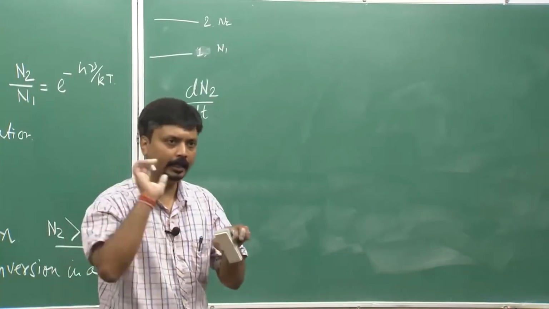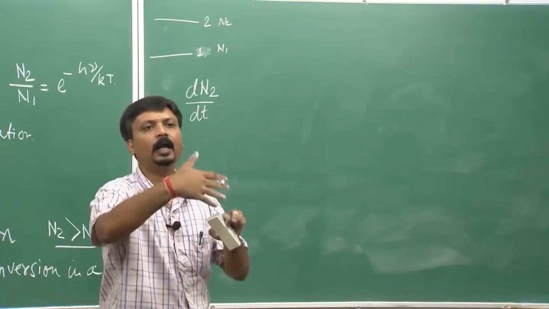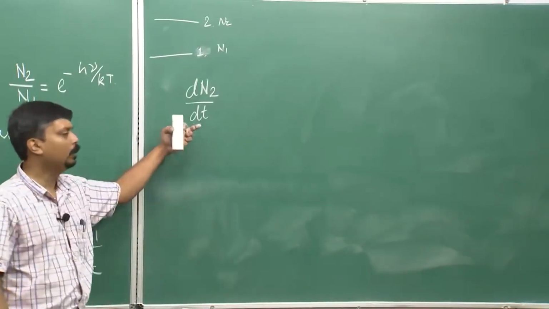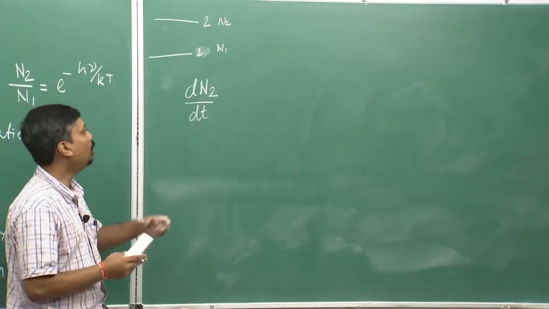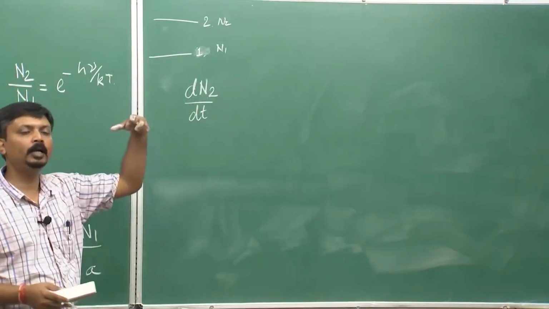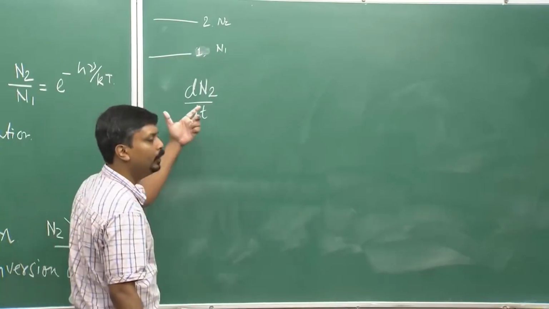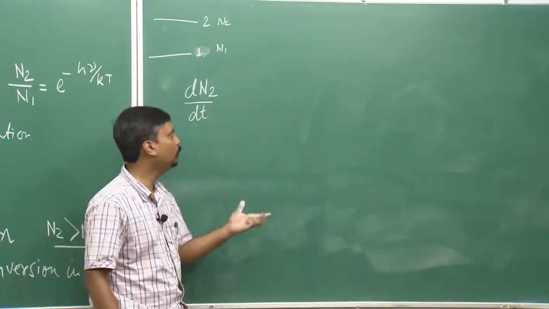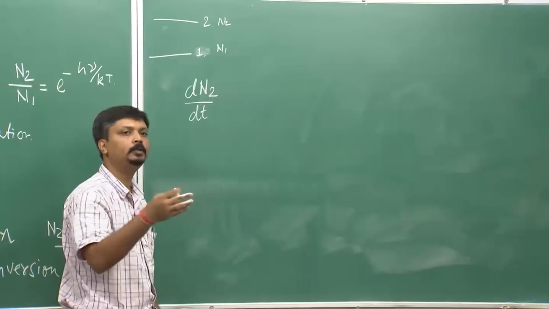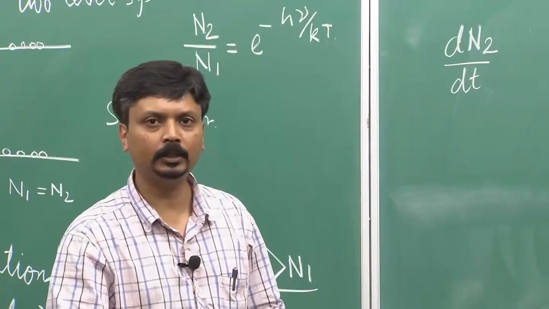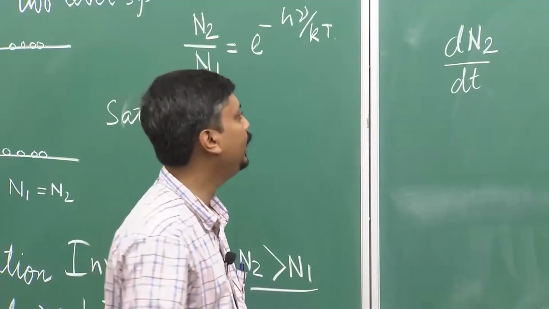When I am shining light, as a function of time N2 changes. How is it changing? It is populated by the absorption process, correct? And how is it depopulated? By the emission process. So, the absorption processes will come with positive sign, and the emission rates will come with negative signs.